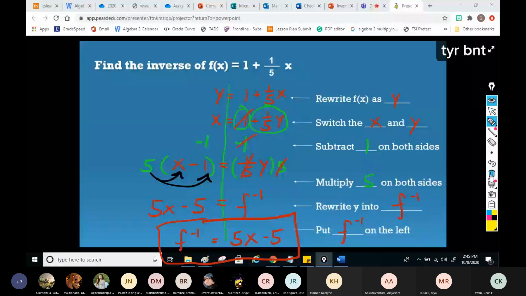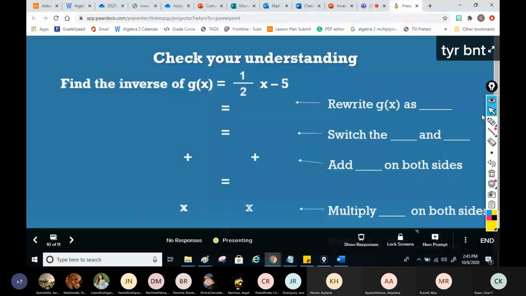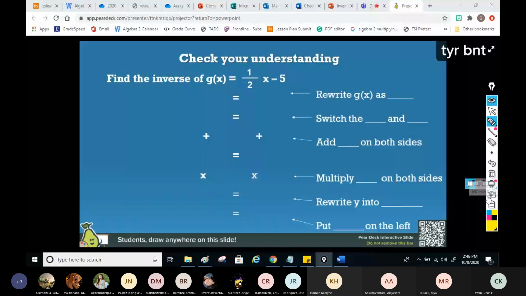All right, so let's move on. Let's try this problem. Like I said, for now I will give you the steps, but later on, once you guys are good at it, I'm not going to give you the steps. But the steps are easy, right? Find the inverse of g of x equals 1/2 times x minus 5. I'll give you some hint.